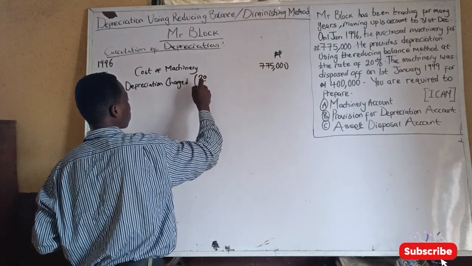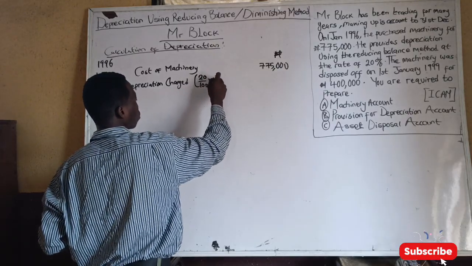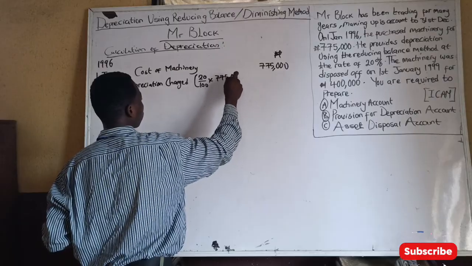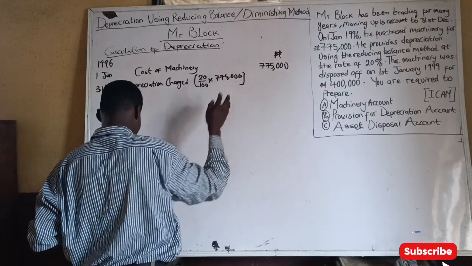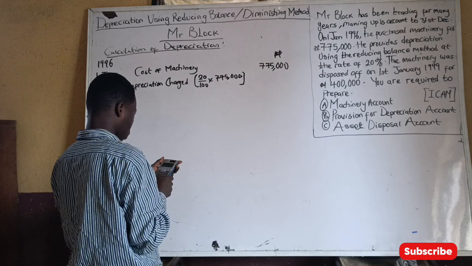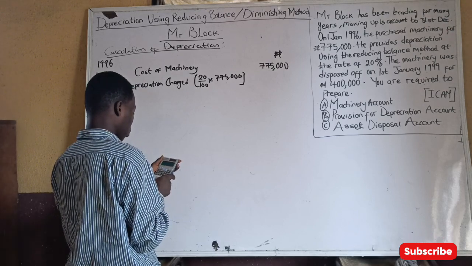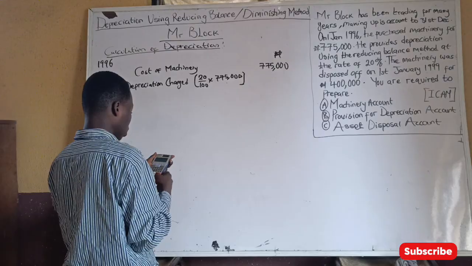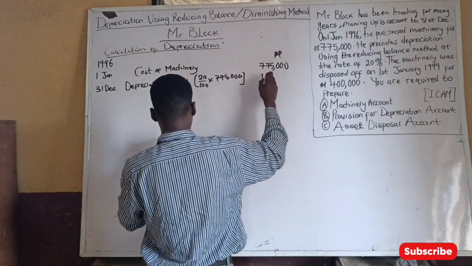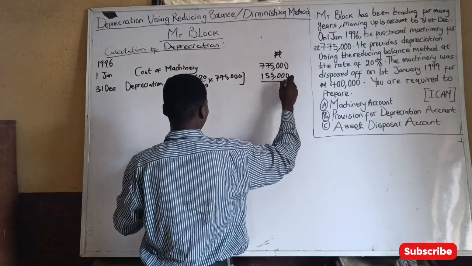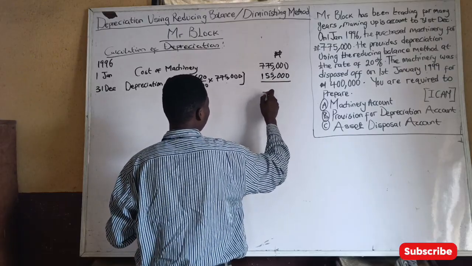So we have 20% of the cost, which is 775,000 naira. That is 20 multiplied by 775,000 naira divided by 100, so that is 155,000 naira. So we are going to less it.